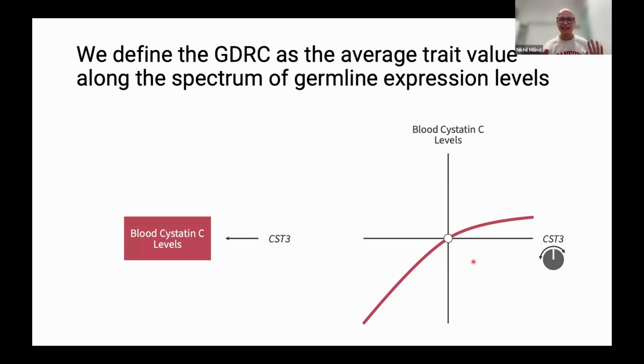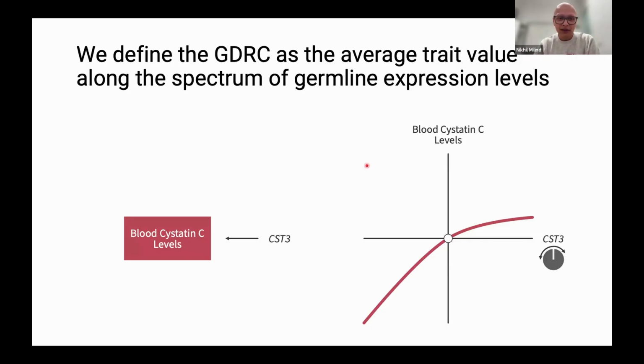And I want to pause here and just point out that this continuous relationship already tells us quite a lot of information about the relationship between this gene and trait. So this immediately tells us that this gene is a positive modulator, right? Or what you might call an activator of this trait.